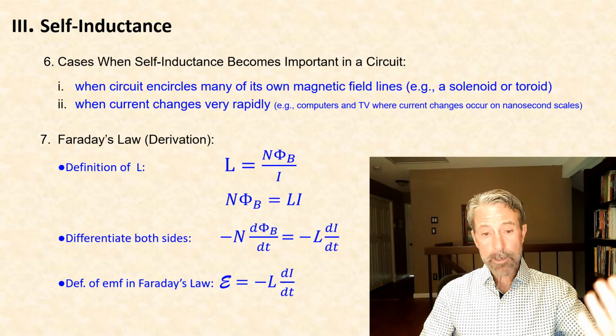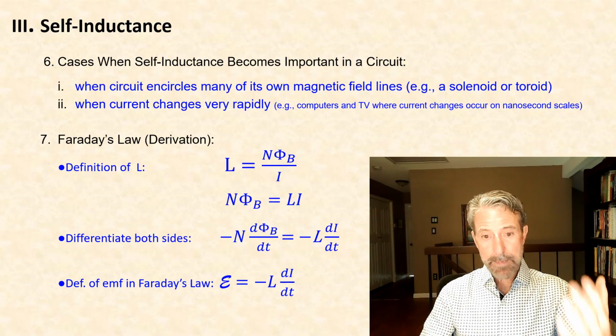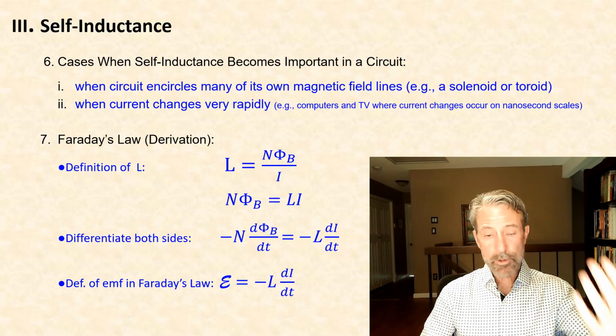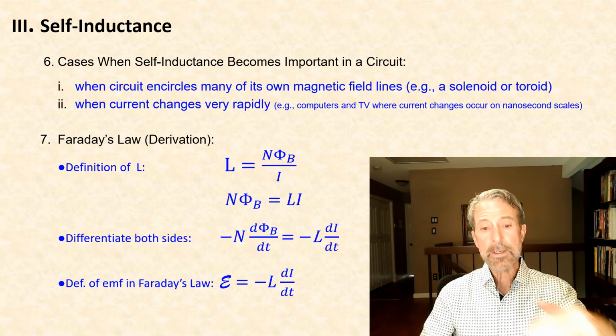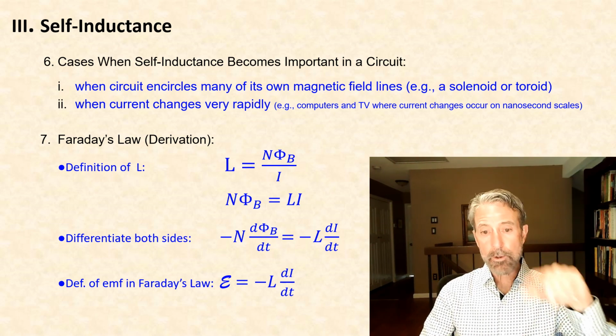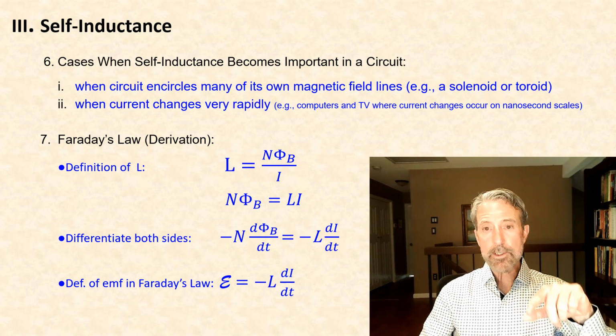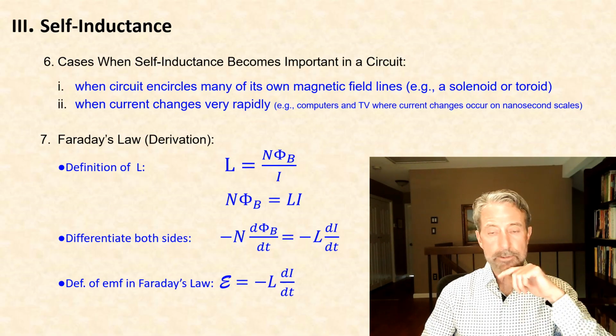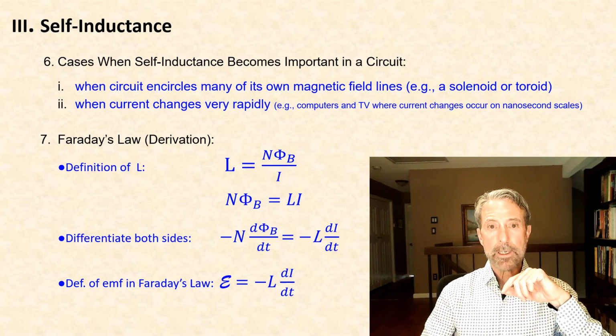So according to Faraday's law, the induced EMF in the circuit is proportional to the self-inductance of the circuit times the time rate of change of current in the circuit.